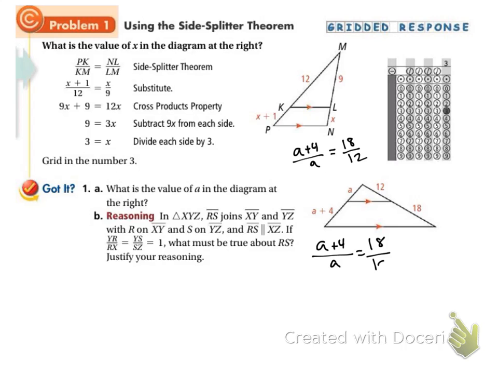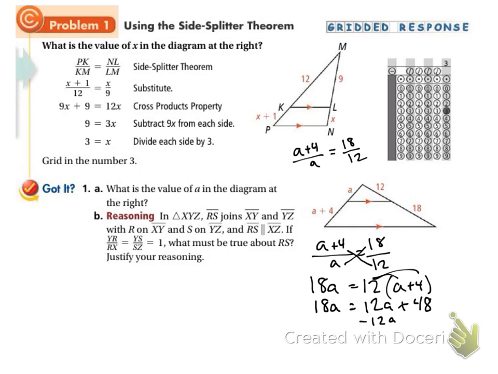and cross multiply. So 18 times A, that's 18A, equals 12 times, and you need parentheses, A plus 4, because we need to multiply to both of those things. So 18A is equal to 12A plus 48. I will subtract 12A from both sides.